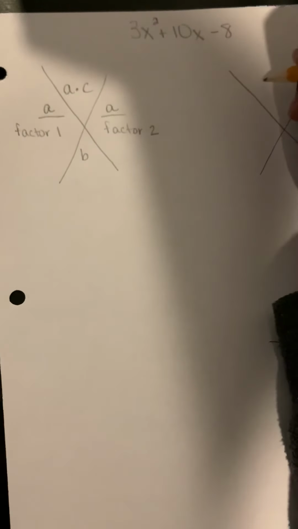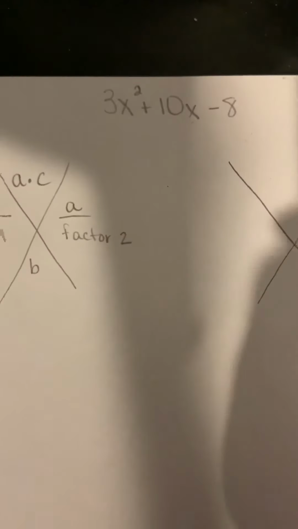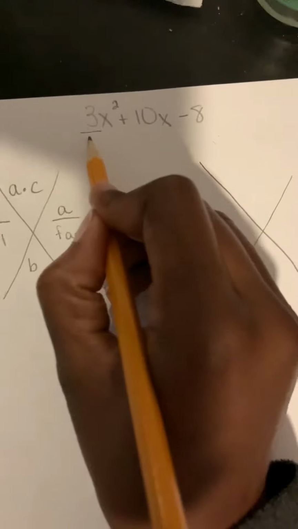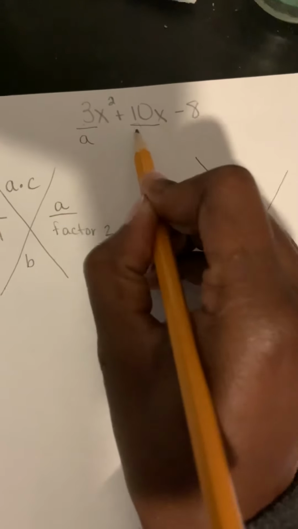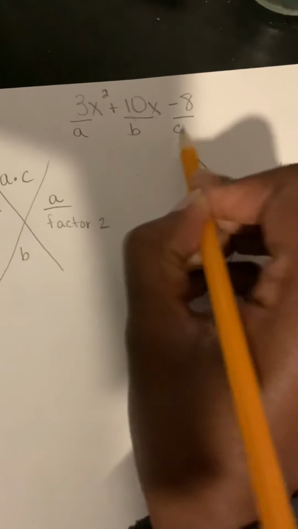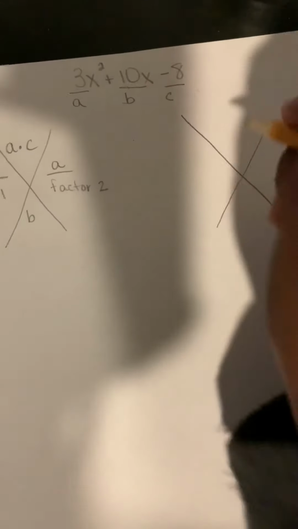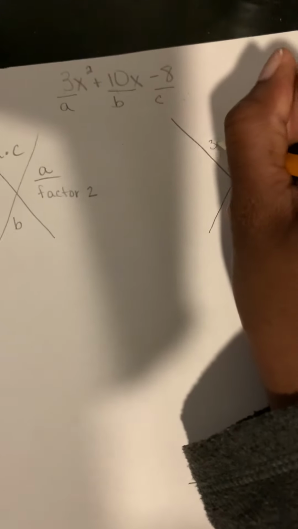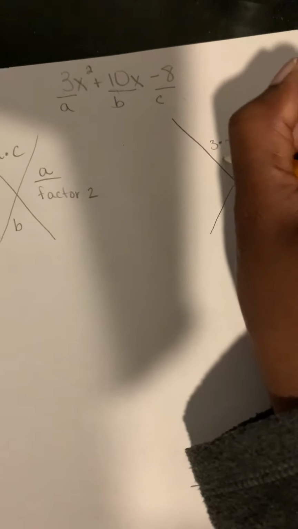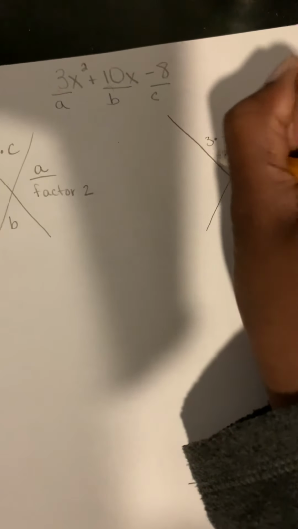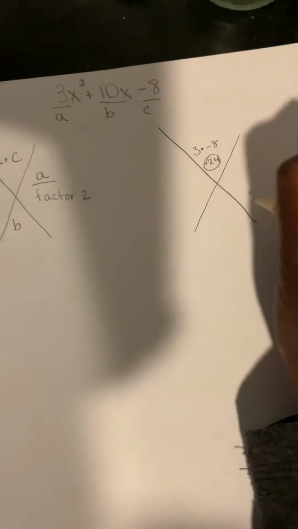We have A times C. First identifying A, B, and C. This is A, B, and C. A times C will be 3 times negative 8, which is equal to negative 24. And then B is 10.